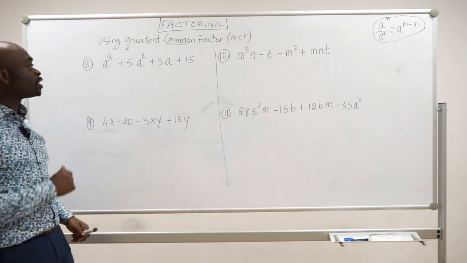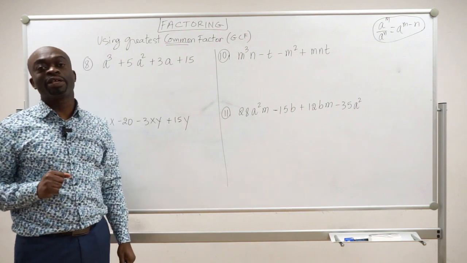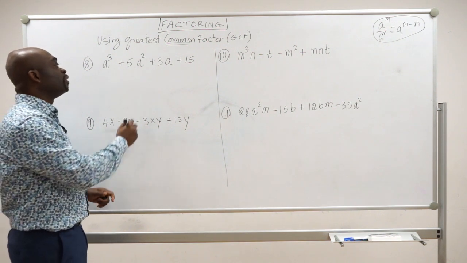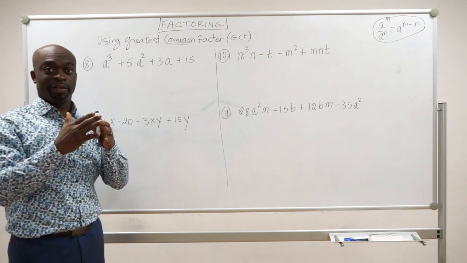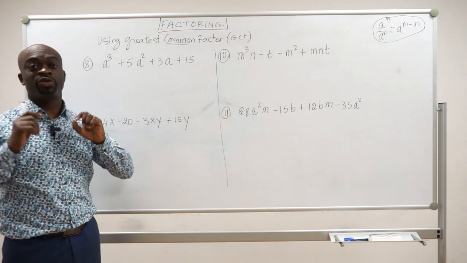Now, when you're dealing with such a problem and you have 4 terms, let me tell you something you can always think about. You're going to have to think about how you can group these terms into 2 groups of 2 and 2.